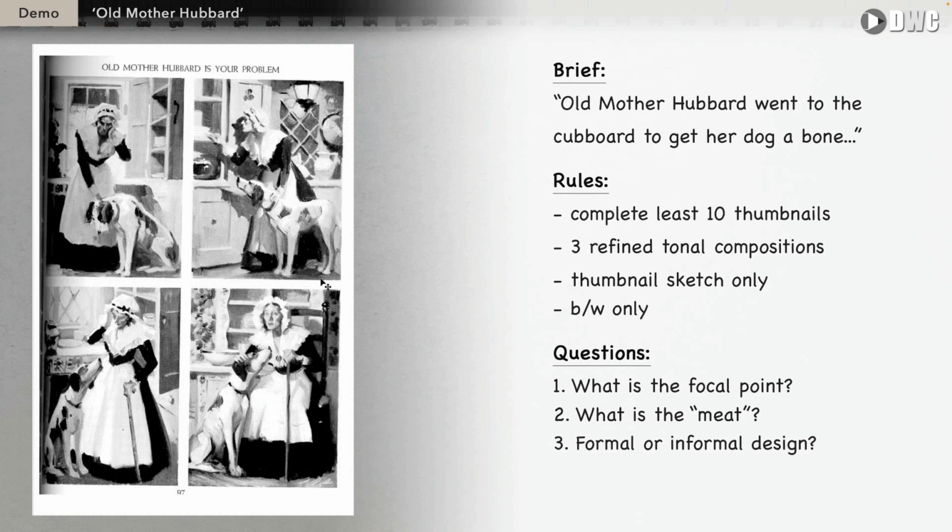Question number 2, what is the meat? Meat is something that Loomis mentioned in the book. He basically means, what is the value structure? When he says what is the meat of the picture, he means what is dark, what is inherently light, what is inherently mid-tone, what is a big shape? Is there a big shape of light?